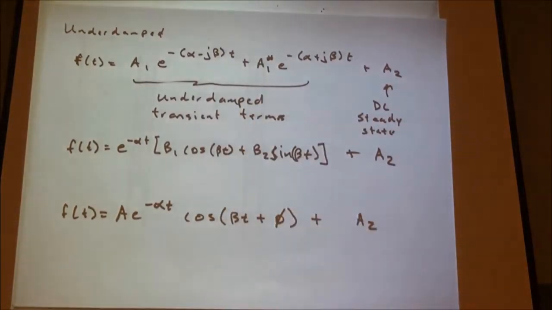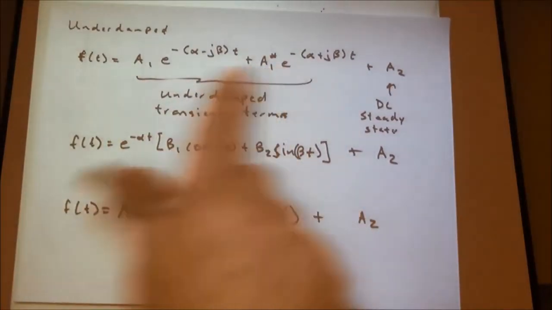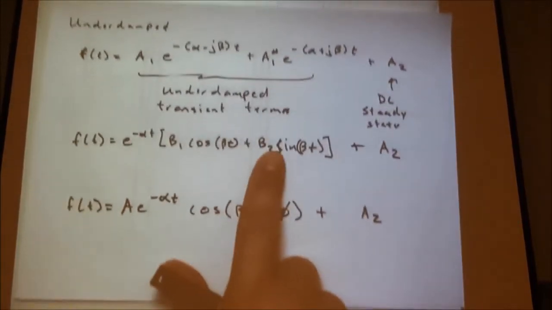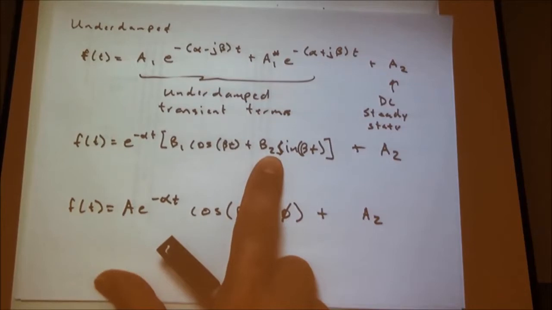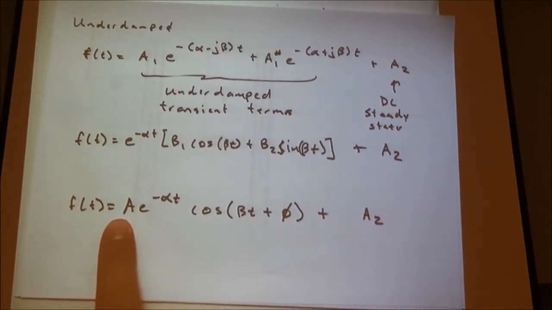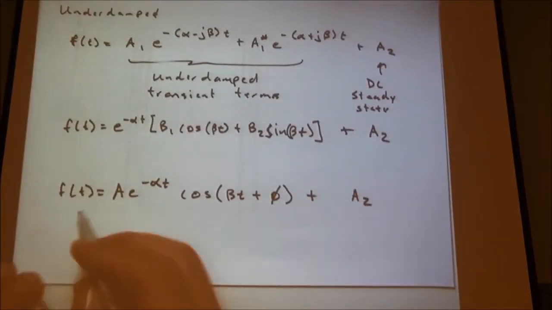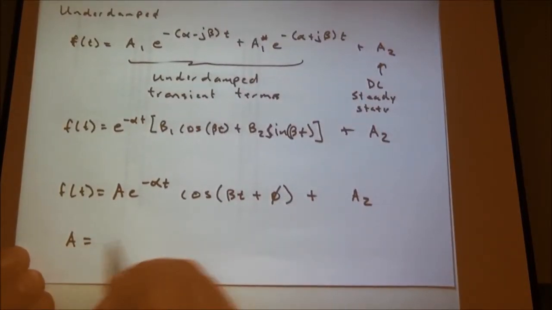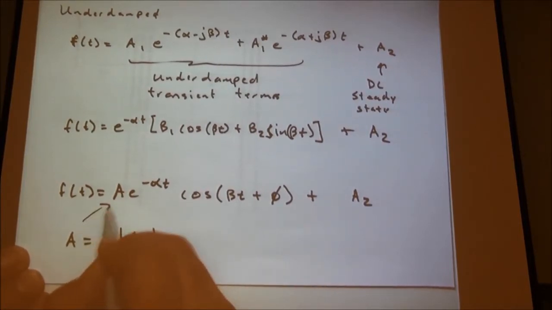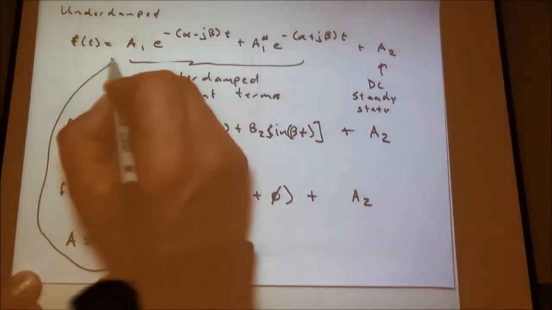The complex number form may be a little bit more confusing. A1 and A1 conjugate here are complex numbers. In this case, B1 and B2, if we do this using the differential method, are real numbers, and this is a real number. In this case, A is 2 times the magnitude of A1, where that's A and that's A1.